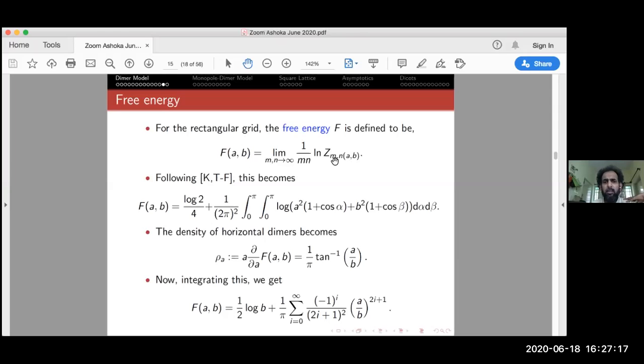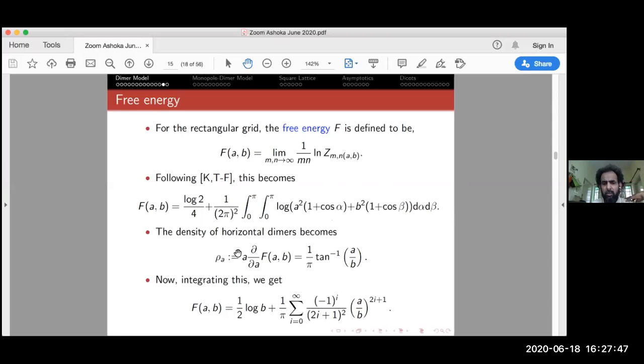So what these guys did is they were able to analyze this. First of all, using the product formula, you get an integral, writing it as a Riemann sum integral expression, which involves a log cosine.